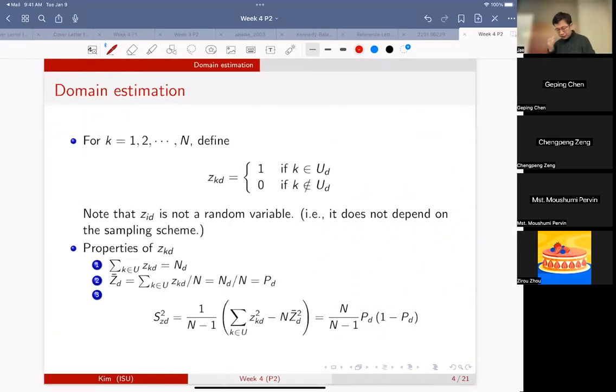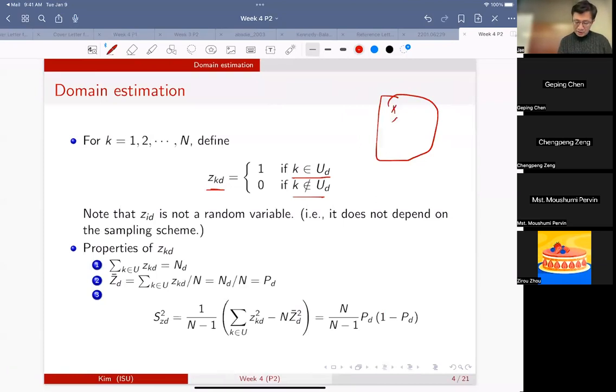And then let's use a domain indicator function. Let's use z to denote the domain indicator. z_k equals 1 if k belongs to the domain, and z_k equals 0 if it's not. So in the context of sampling, z is not a random variable because the finite population is fixed.